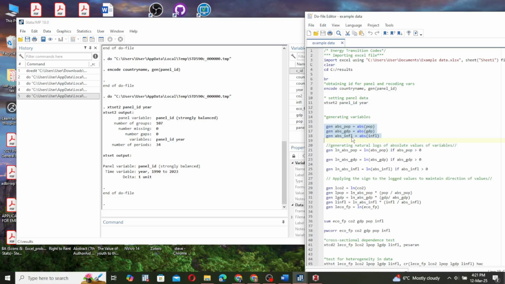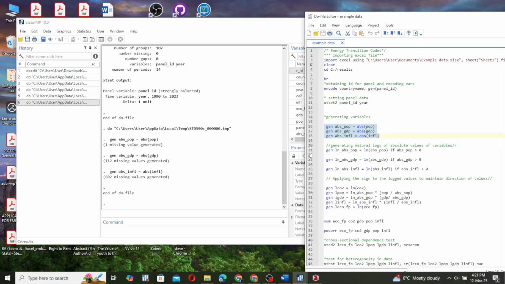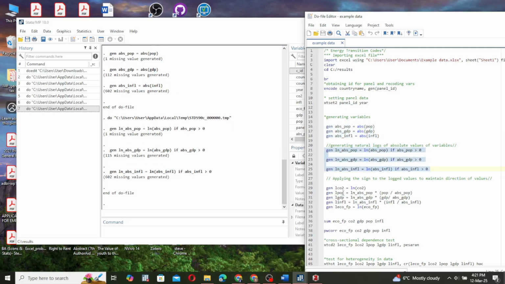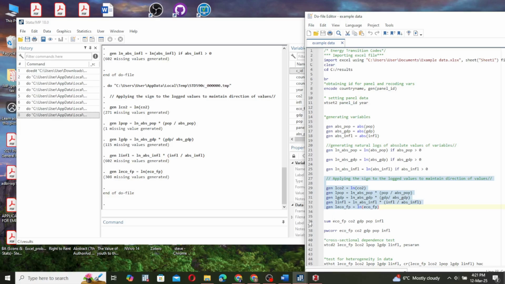Mainly to be able to transform them with logarithmic transformation, we would need to use absolute values of these variables. By doing so, we then create our log transforms, and then so that we don't lose the direction of the values, we apply the signs to them by using the raw variable and its absolute value, so we don't miss out on the signs.